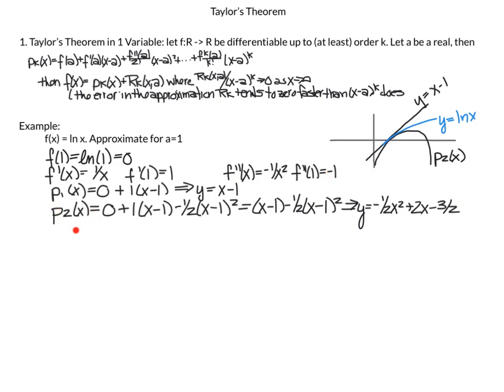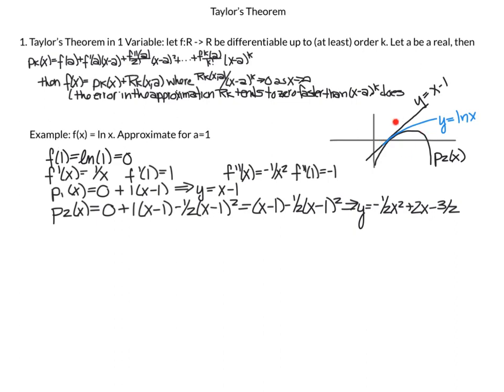So our second degree polynomial is going to be our f of a, which is 0, plus f prime of a times x minus a, plus f double prime at a over 2, so negative 1 over 2, times x minus a squared. So here's our quadratic approximation, which is this curve here, our polynomial.